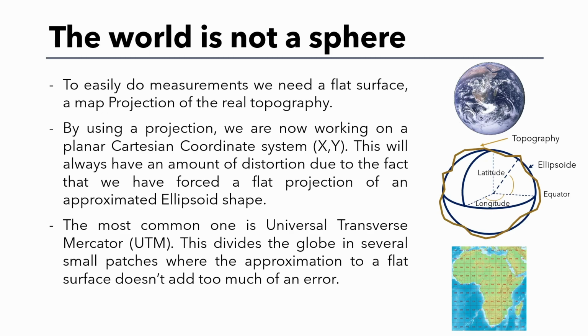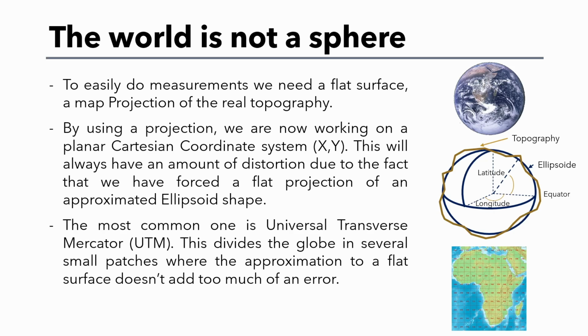Of course, the Earth itself is not flat, but we can create a projection of a small area of the Earth where the error is acceptable. So any type of distortion that is applied with this projection will create an error that, for our application, is okay. By assuming a projection, we can now work on a planar Cartesian coordinate system.